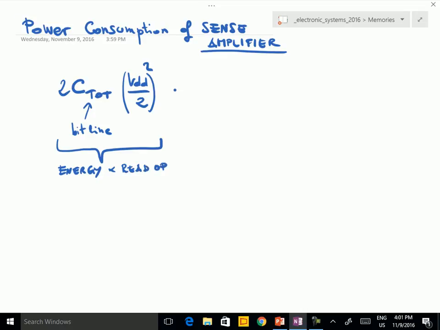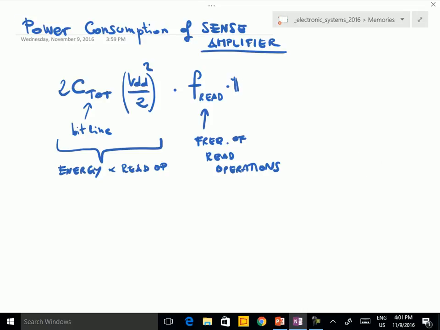If we multiply this by the frequency of read operation, which is the average number of read operations per second, so if I multiply the energy of a read operation times the frequency of a read operation, I obtain the power required for the read operation of one sense amplifier.